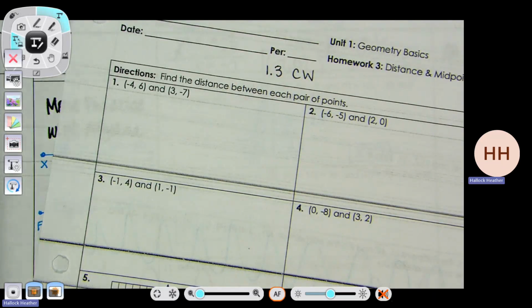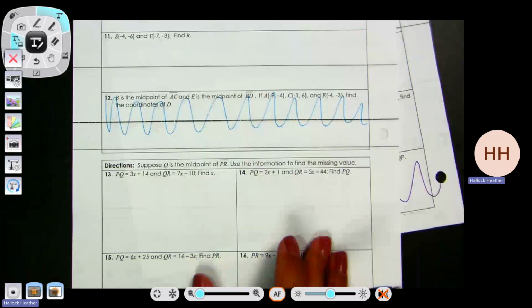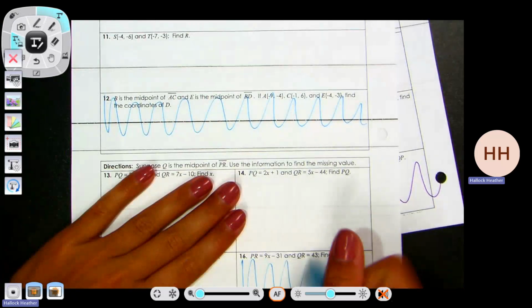The front was distance formula and midpoint formulas, because you were supposed to do the front last night. On the back, we're gonna cross out number 12, and you can cross out number 16. So those 2 you can skip, and then you can spend the rest of class. You have plenty of time to just do them now, and that way you don't have to do them at home.